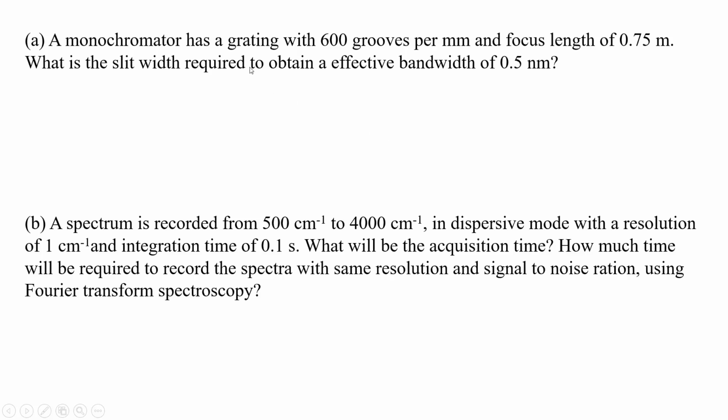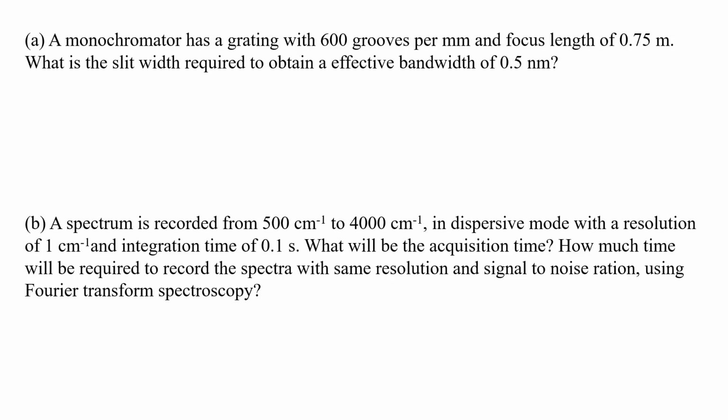I will try to discuss this maybe after the discussion on groups and all. That part I have not touched yet. If I just give you the formula and do the math, it is not justifiable. So I will first discuss the relationship between the effective bandwidth, slit width and all, and then I will discuss that. We can start from the second question.